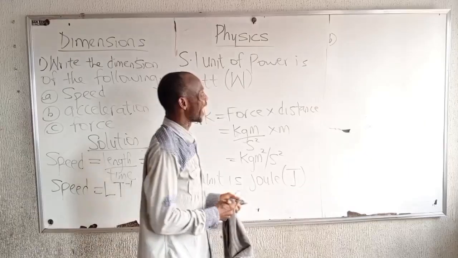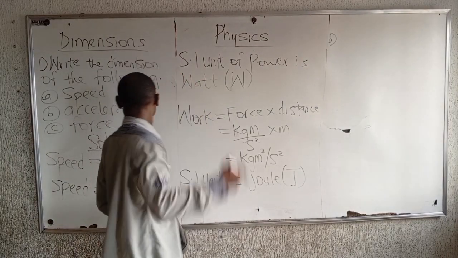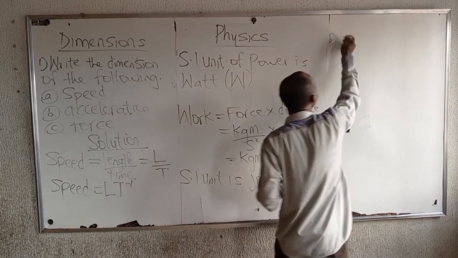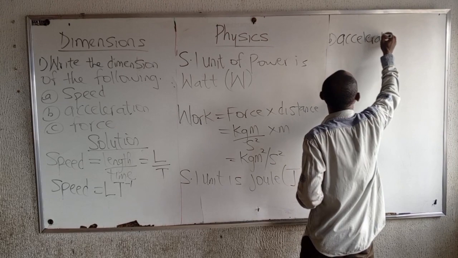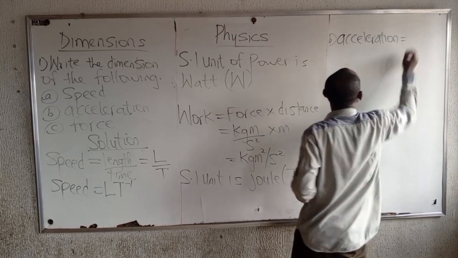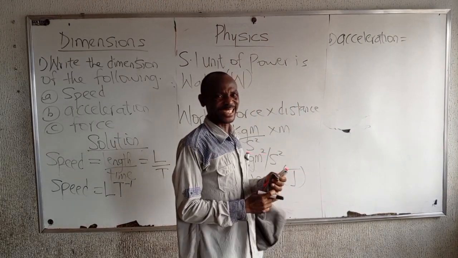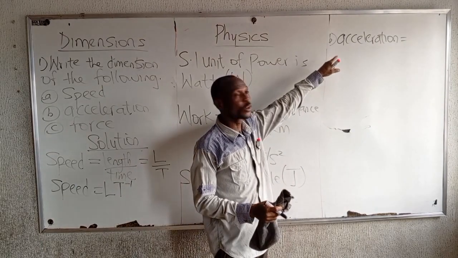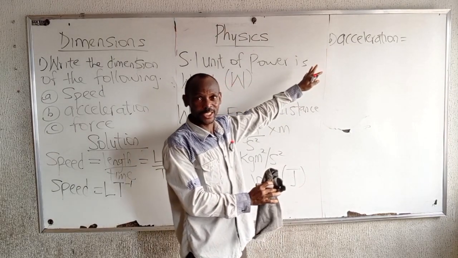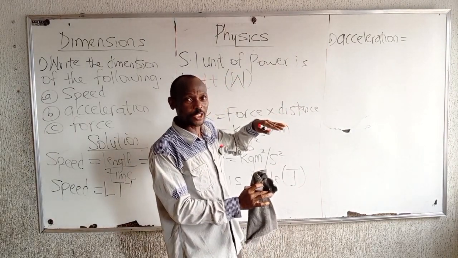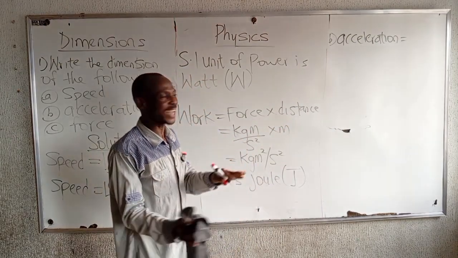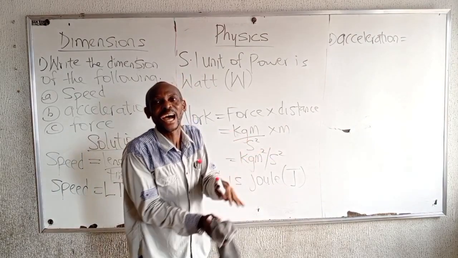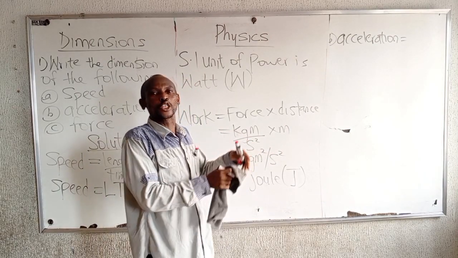Now, we are going to look at writing the dimension of acceleration. Acceleration. You can easily write the dimensions of these derived quantities by going back to their derived units. What is the unit of acceleration?